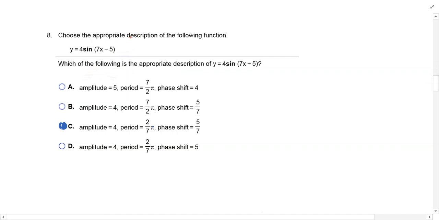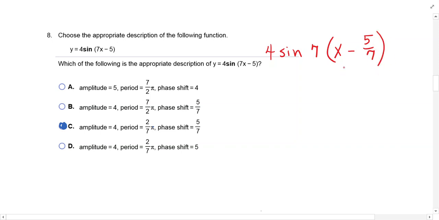Okay, so here's something we need to think about. Before we start figuring out all of these things, I want you to factor out the 7. So in other words, we would have 4 sine of 7 times, if you take 7 out of there, you're left with x, and then that would be -5/7.